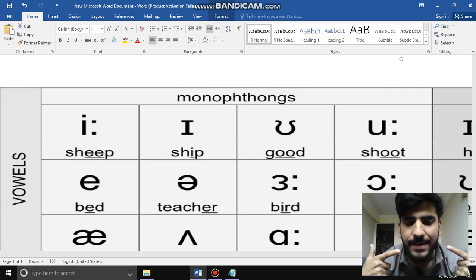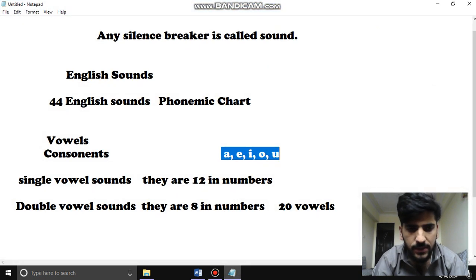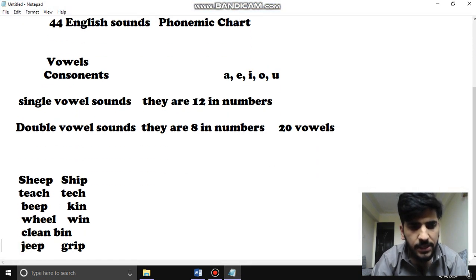E, E. And look at the second one, the short vowel sound, E, E. Examples for these sounds: sheep, ship, teach, tick, beep, bin, wheel, win, clean, can, jeep, grip.